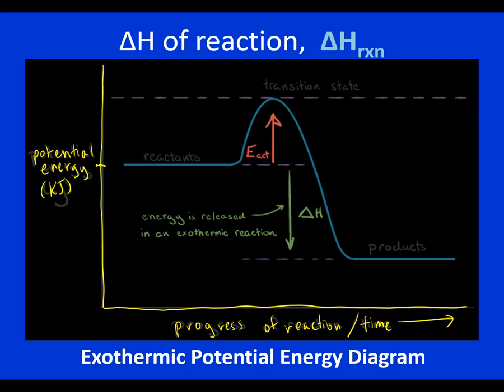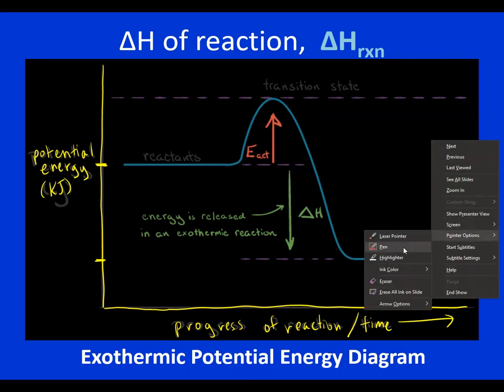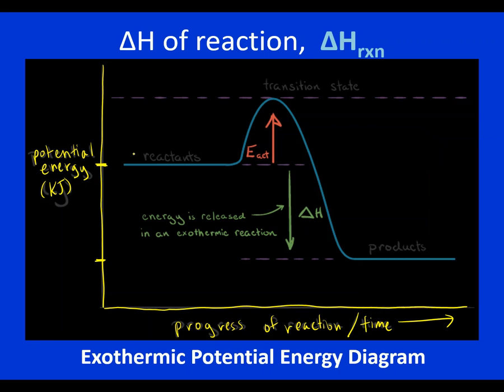Then we have designated here a line for reactants and a line for products off of our chart, and sometimes these will have numerical value to them, so you'll be able to actually interpret and decide the numbers.